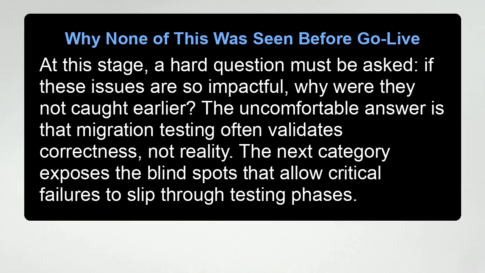Why none of this was seen before go live? At this stage, a hard question must be asked. If these issues are so impactful, why were they not caught earlier? The uncomfortable answer is that migration testing often validates correctness, not reality. The next category exposes the blind spots that allow critical failures to slip through testing phases.